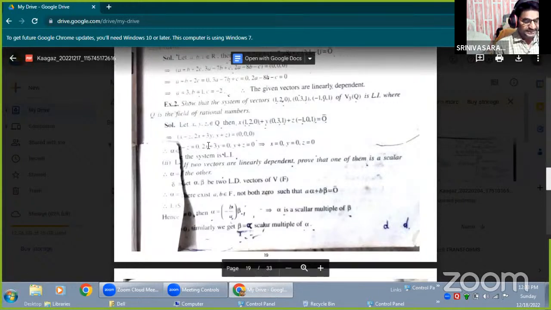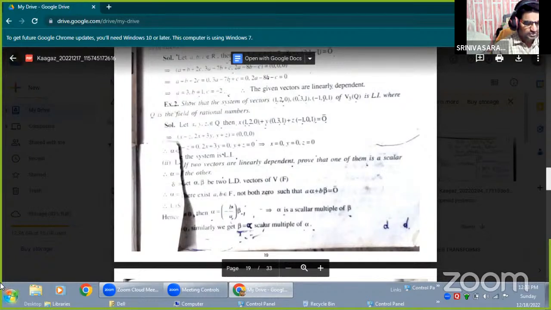So we get x minus z equal to 0, 2x plus 3y equal to 0, and finally y plus z equal to 0. When these three equations are solved, we get that each and every scalar must be 0. Each scalar being zero means the system of vectors is linearly independent.